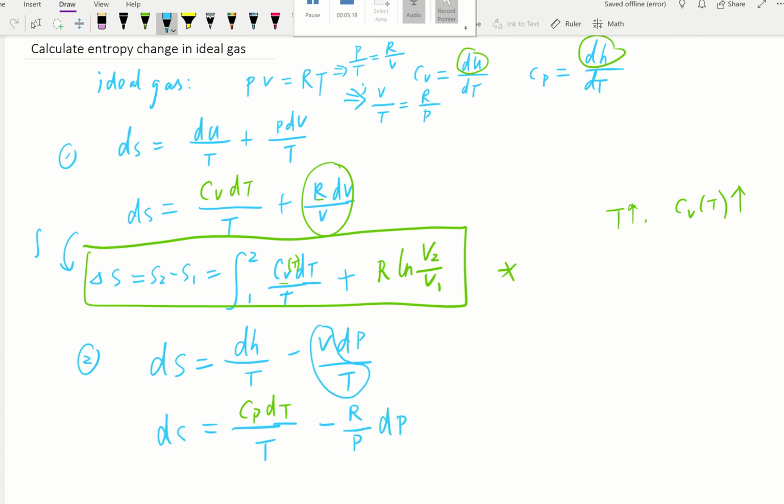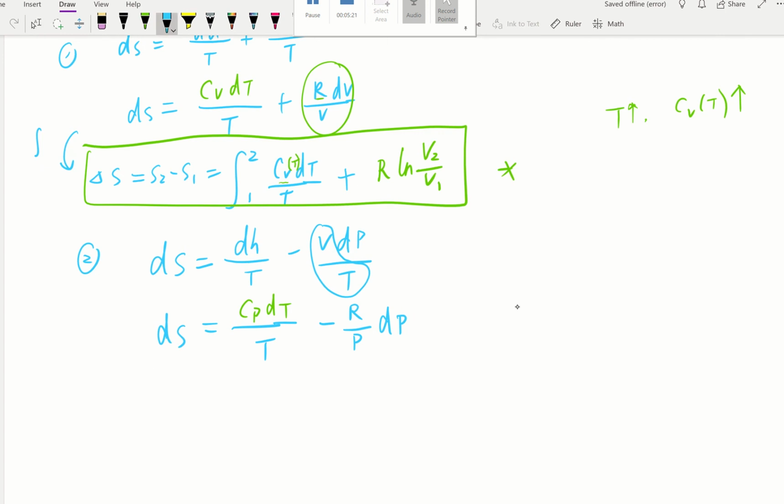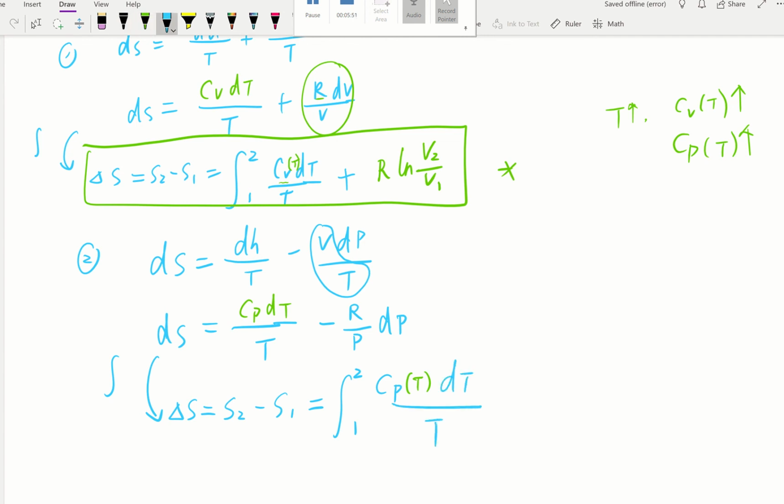That's our ds. What we can do is integrate. When we integrate this, we get delta S equal to S2 minus S1, and then we'll have the integration from 1 to 2 of Cp. Again, I want to focus: Cp is a function of temperature as well. So it will be Cp(T) dT over T.